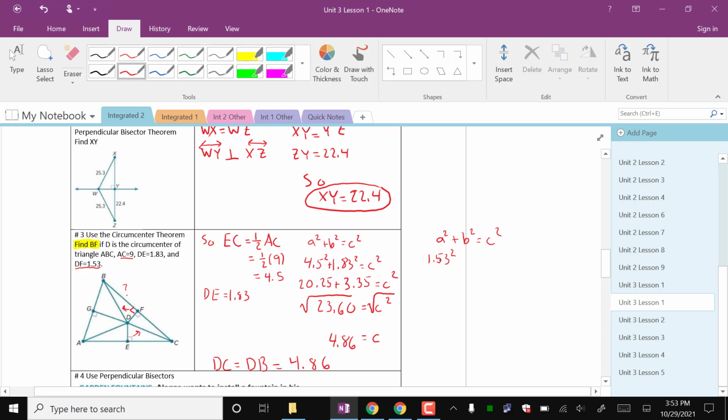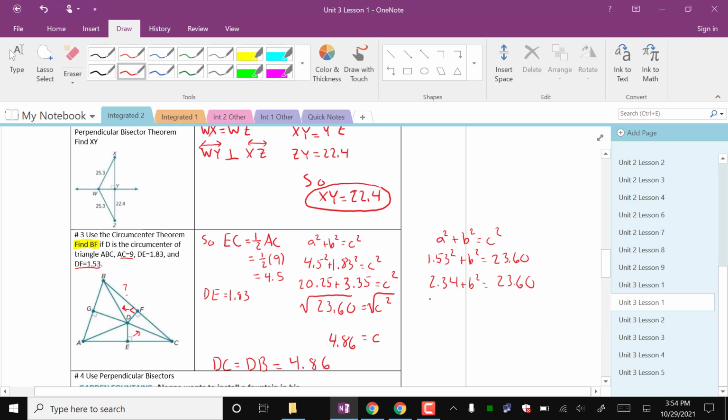So that would be plus b squared, which is BF, equals c squared, which we said is 4.86, which when we square it out is 23.6. So square out 1.53 gives you 2.34, plus b squared equals 23.60.